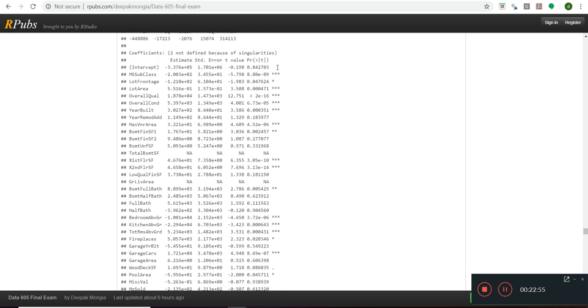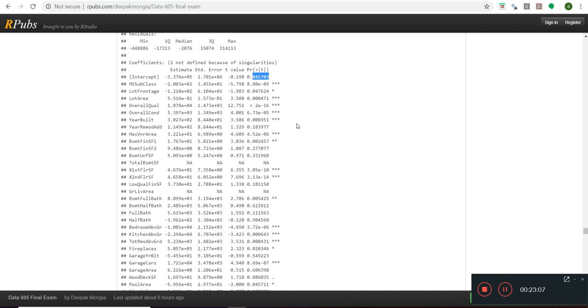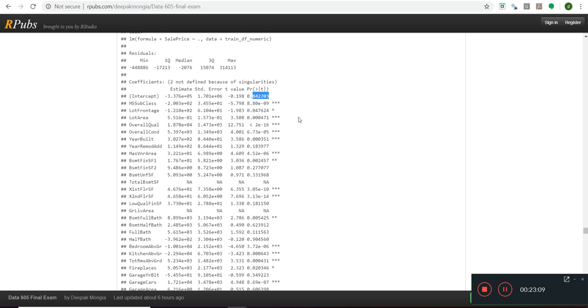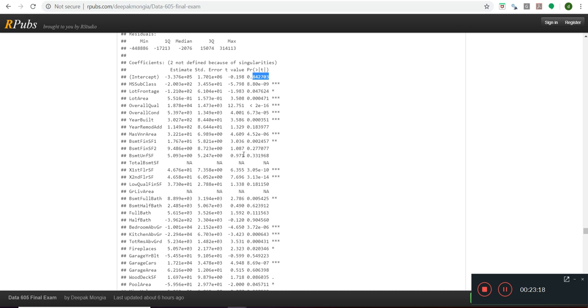The summary gives us a very good idea of what variables we should be using. All the variables which have a p-value very high compared to 0.05, which is the general significance value, we'll remove, and we'll also remove all the NA ones.